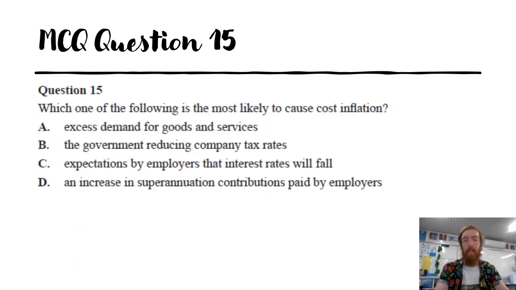And then question 15. Which of the following is most likely to cause cost inflation? The important part is that cost inflation is supply side. So which of these is going to increase cost of production or decrease efficiency for businesses and cause cost inflation? Excess demand for goods and services, we can rule that out straight away because that's demand side, that's demand pull inflation.